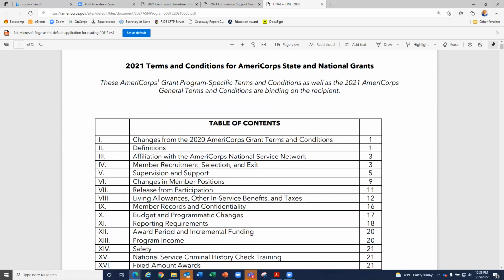Sometimes folks have questions about living allowance, taxes in particular, and how that works, whether or not Americorps members, once they start in service, can change to another program or change their commitment. All the answers to these questions come from the rules that you find in these terms and conditions.